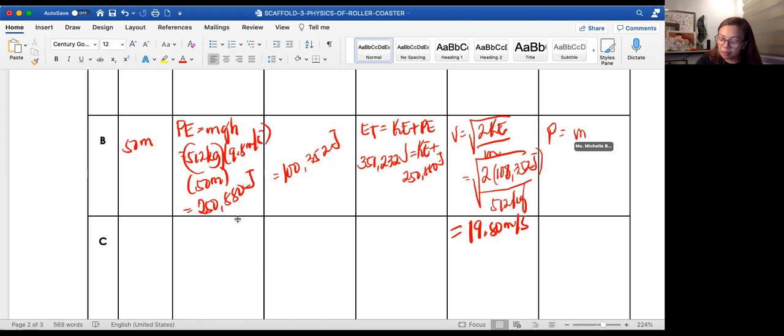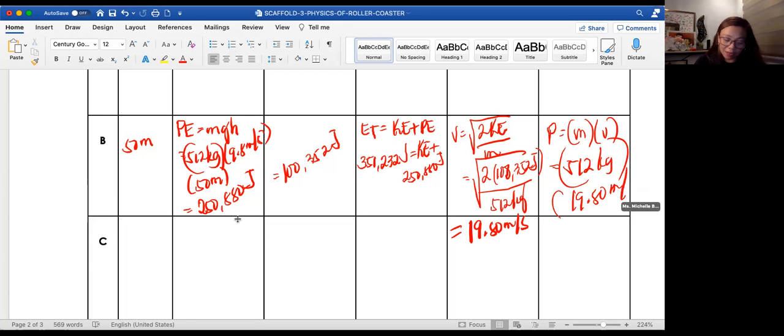When you're done, we will use this value to calculate the momentum, as momentum is the product of mass and velocity. Our mass is 512 kilograms times the velocity, 19.80 meters per second.